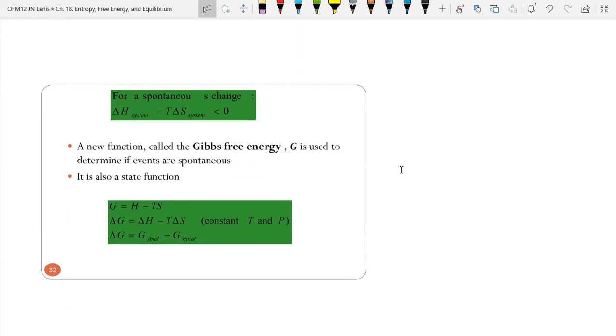So we use G, which stands for Gibbs free energy. Gibbs was a physical chemist that worked hard on these concepts. Free energy is just a concept of the energy of the system. Doesn't mean it's free.